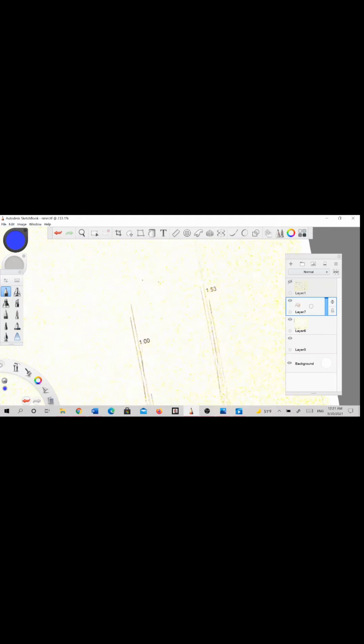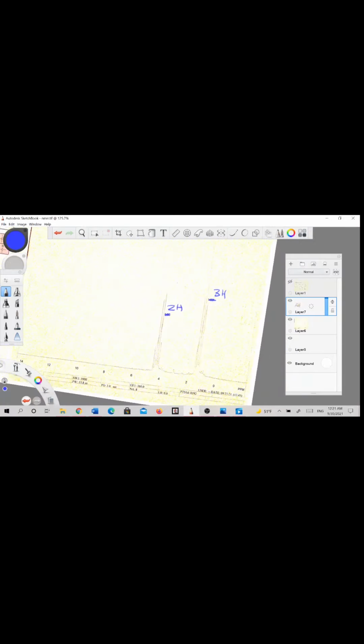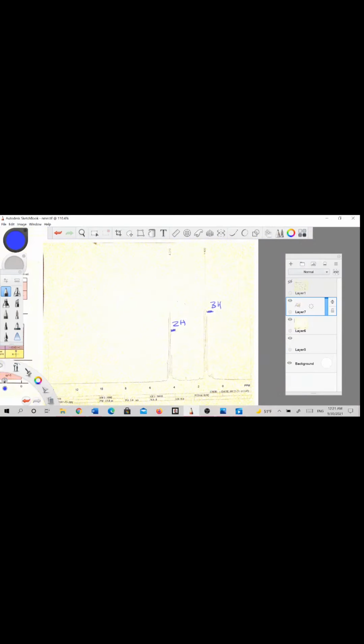We have a 1 to 1.5, and for simplicity's sake, we are going to round that to a 2H to a 3H. It doesn't have to be exactly 2 to 3; we're just making the numbers a little simpler to help us out here.